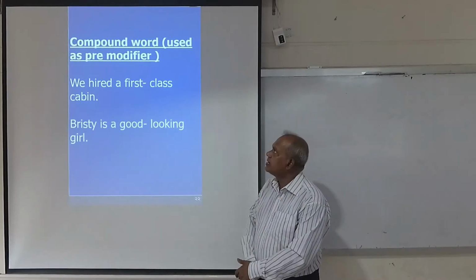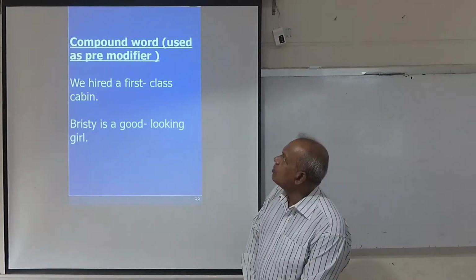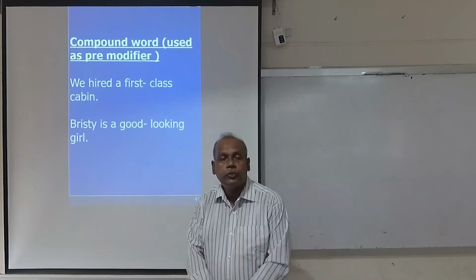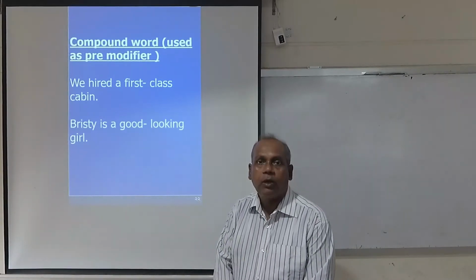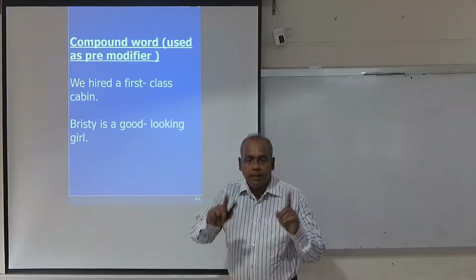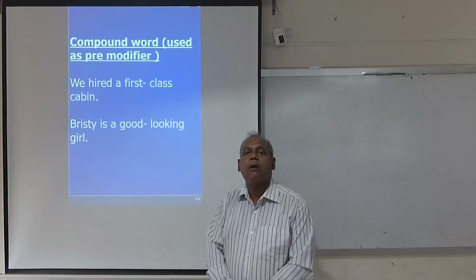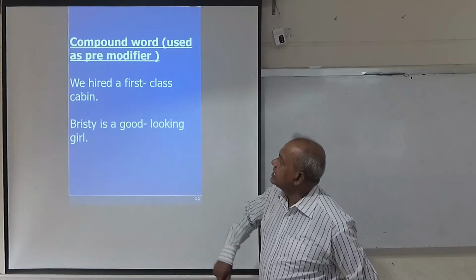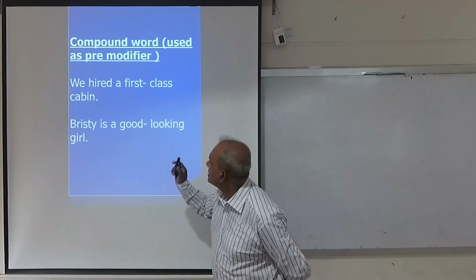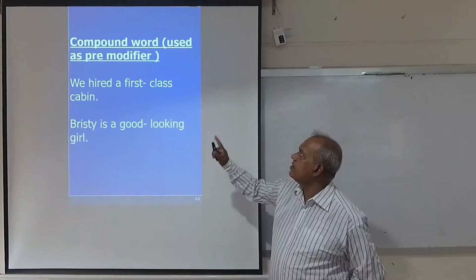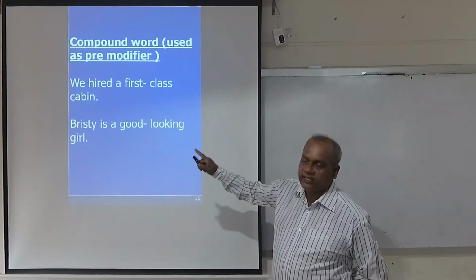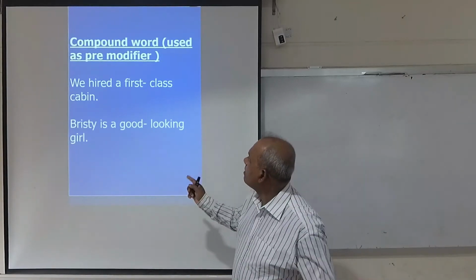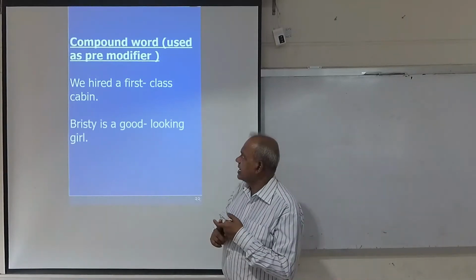Dear students, now new item, compound word. Compound word, two words. When two words make one word, that is called a compound word. And this compound word we can see in the sentence. We hired a first class cabin. First and class, these two words combine in the word first class.